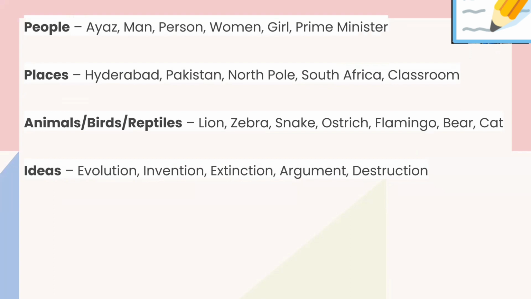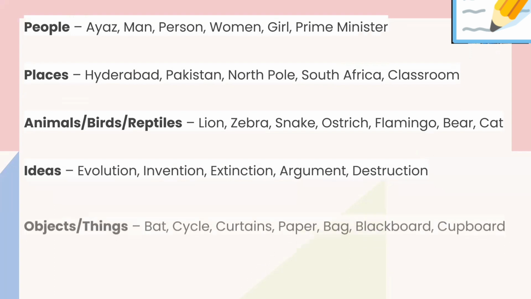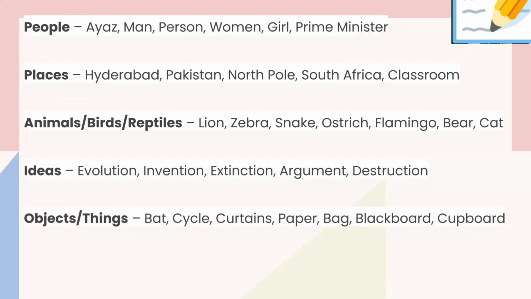Like objects or things: bat, cycle, curtains, pepper, bag, blackboard, cupboard. These are the names of the things or objects. So now you can see on the screen, a noun is the name of a person, people, places, animals, ideas, objects, or things. So this is a noun.